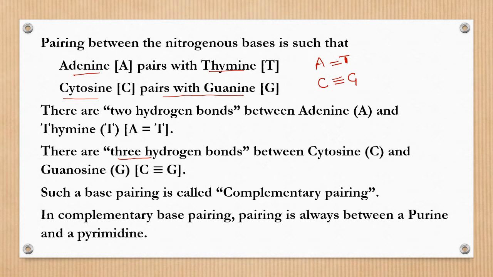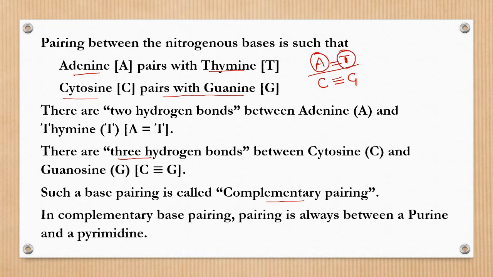Such base pairing is called complementary pairing. Thymine is complementary to adenine, and guanine is complementary to cytosine. In complementary base pairing, pairing is always between a purine and a pyrimidine. Adenine is a purine and thymine is a pyrimidine.